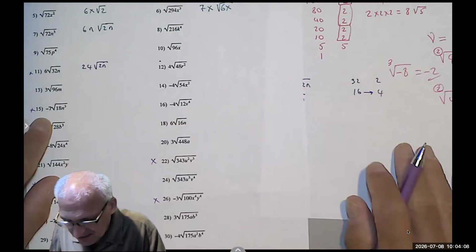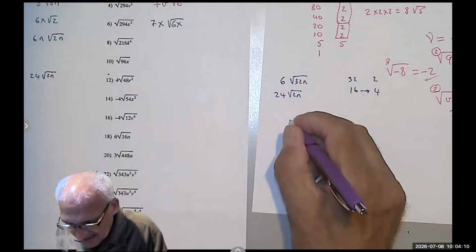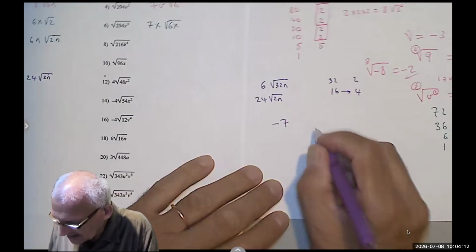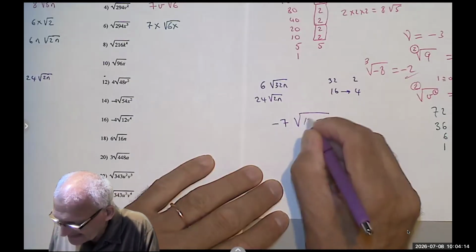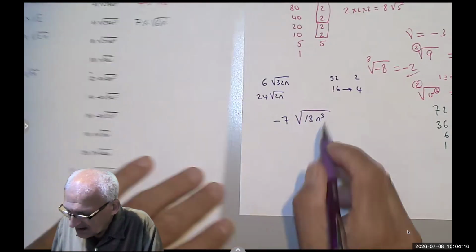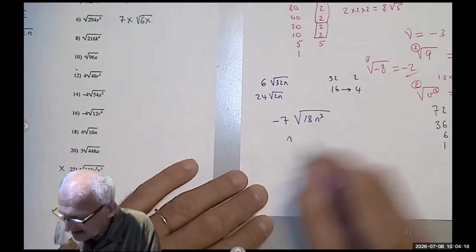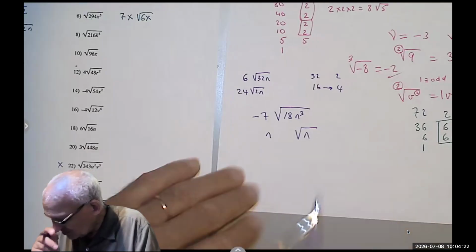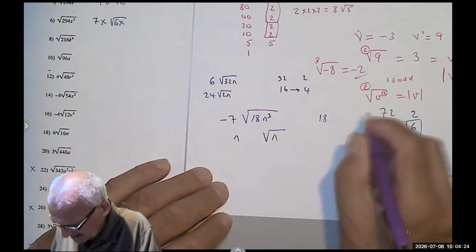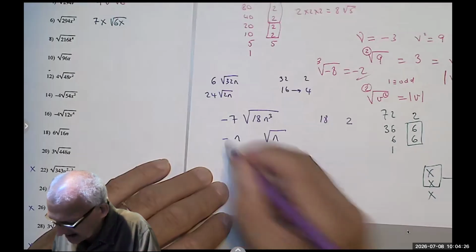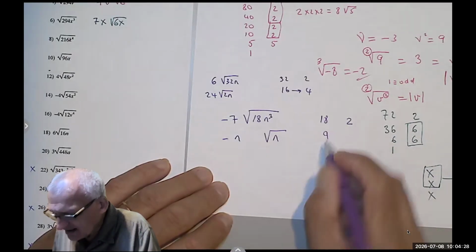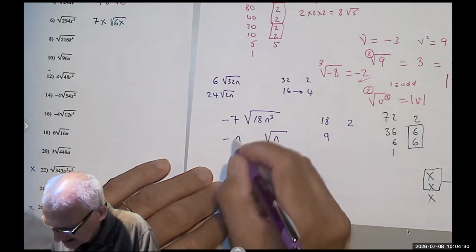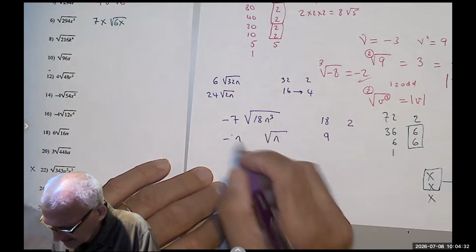Let's do 15. Negative 7 times the square root of 18n cubed. N cubed goes out as n, and inside there is another n. Let's see what we do with the 18. 18 is even. If I divide by 2, I get 9. 9 is 3 squared. So I get 3 times 7.